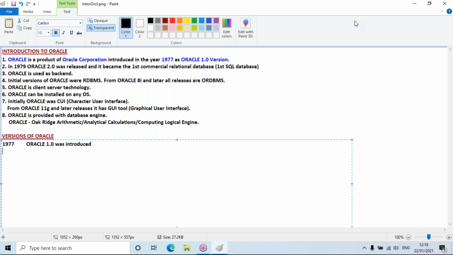They made some changes in the software, and then in 1979, Oracle 2.0 was released.